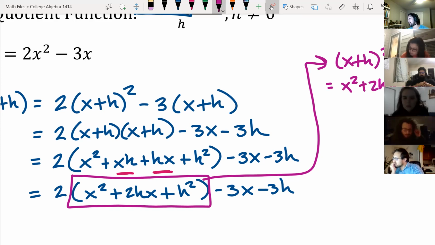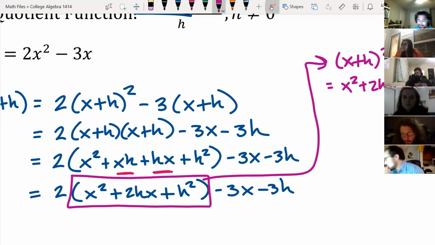If you know that, you will save a lot of time. Because look how many steps we've done so far. We got 1, 2, 3, and now we're on 4, right? So you can shave off a step or two if you know that.